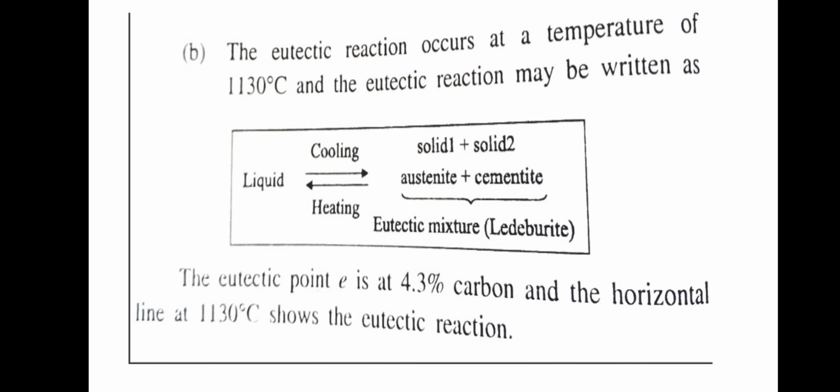The eutectic reaction occurs at a temperature of 1130 degrees Celsius. A liquid gives two solids, solid 1 and solid 2. Solid 1 is austenite, solid 2 is cementite.